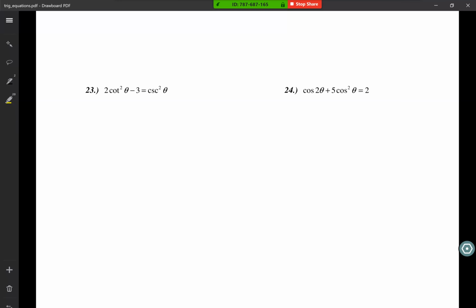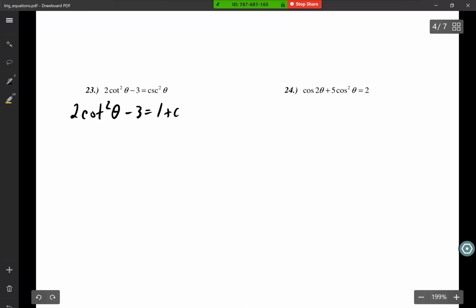If we're going to try to factor these, we need to be able to get this to a point where we can have the same trig function all the way through so that we know how to factor it. We remember that it doesn't matter which one we replace. I will replace the cosecant squared in this case. I can replace cosecant squared with 1 plus cotangent squared.